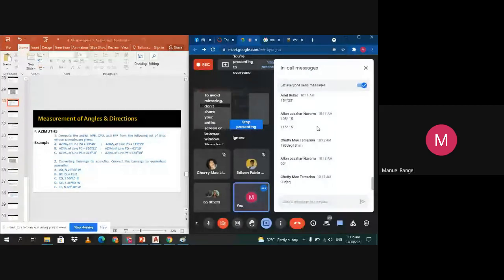Okay, two directions. From north, 180 minus. Okay, wrong. From north, we have 129 degrees 50 minutes as its azimuth.